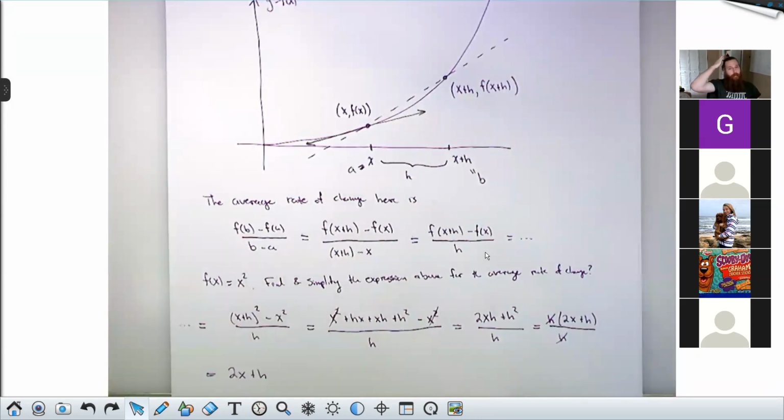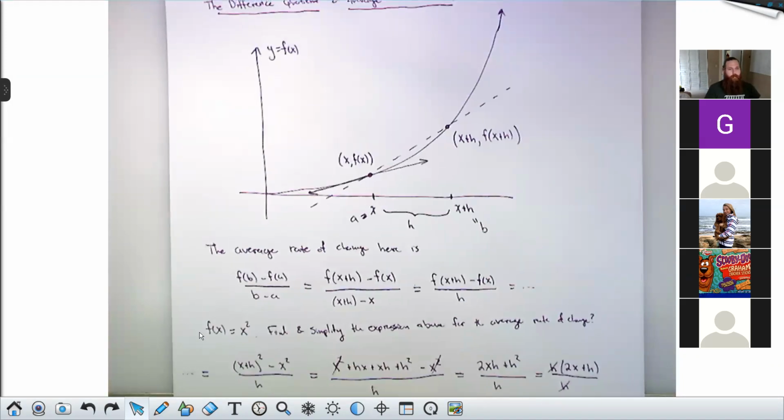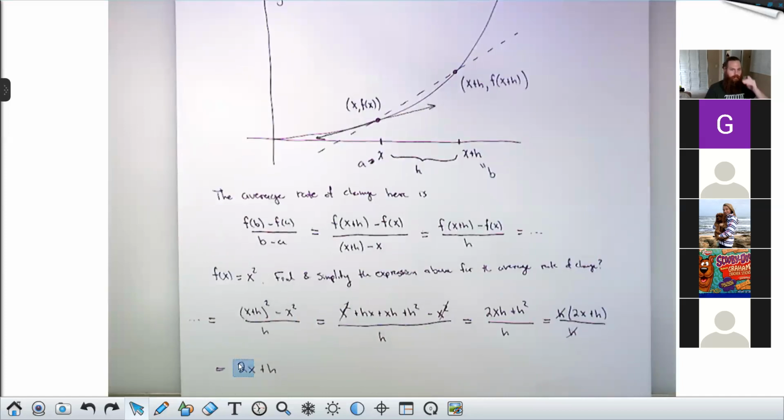So if I wanted to know how fast this function is growing right now at this point, I would plug h equals 0 here. And I learned that the slope of this line, no matter where x is, is always 2x. And the fancy word for that is derivative. The derivative of x squared is 2x.